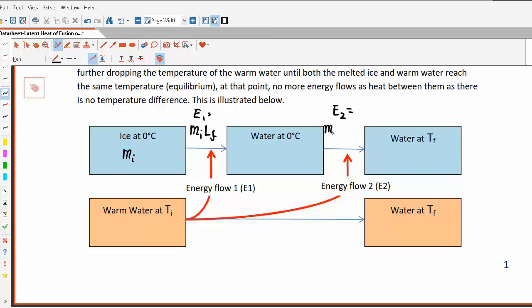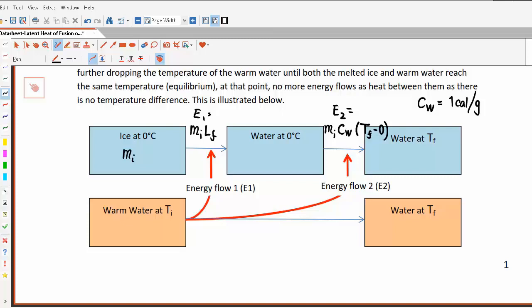And that quantity of energy is equal to m sub I multiplied by the heat capacity of water multiplied by the temperature change, which is T sub F minus 0. The heat capacity of water, which I will call C sub W, is equal to 1 calorie per gram.